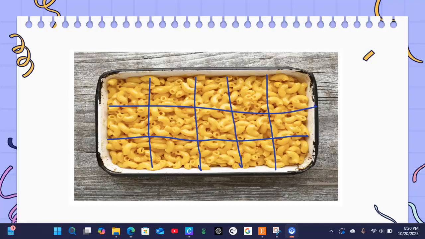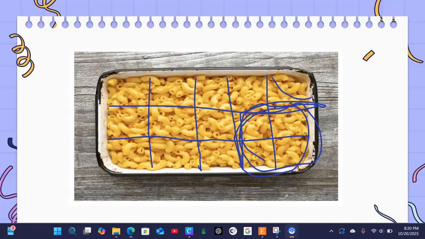Now, some people don't actually cut up their mac and cheese. People just take a scoop from there or take a big portion here. That's not what we're talking about today, right? I know some of you love mac and cheese. However, I want to keep it simple with the lesson and go through with a portion of mac and cheese.